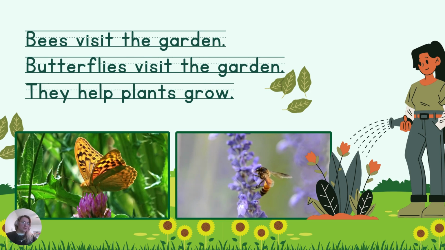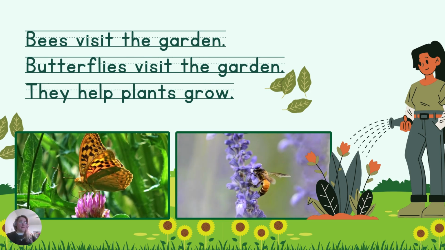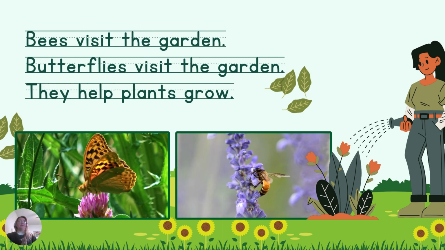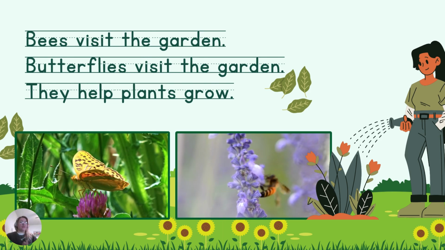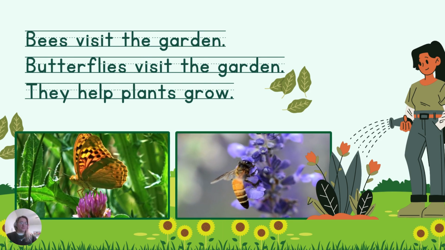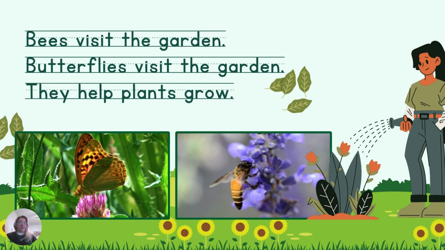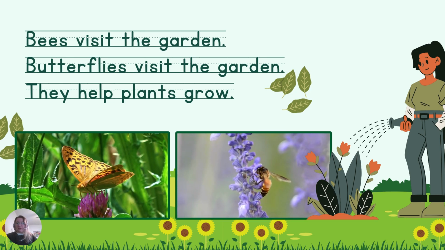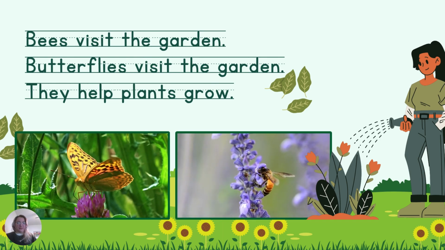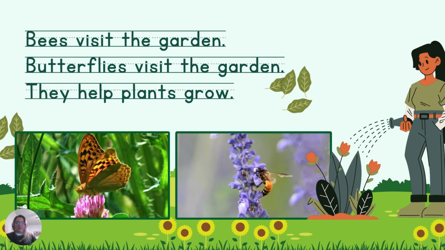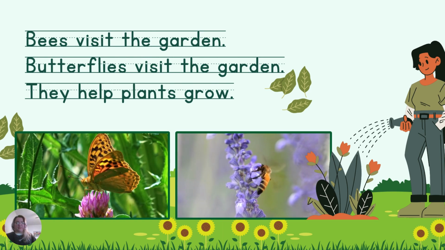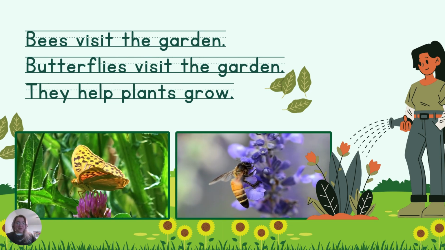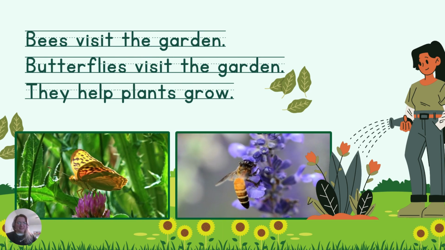Which one of our words is a compound word? Bees, butterflies. Is that tricky? Butterflies is made up of a lot of syllables. That's right. But it is also a compound word. It's kind of a silly one.